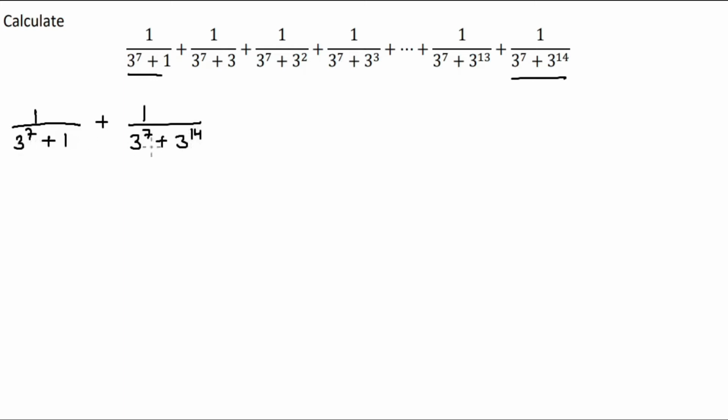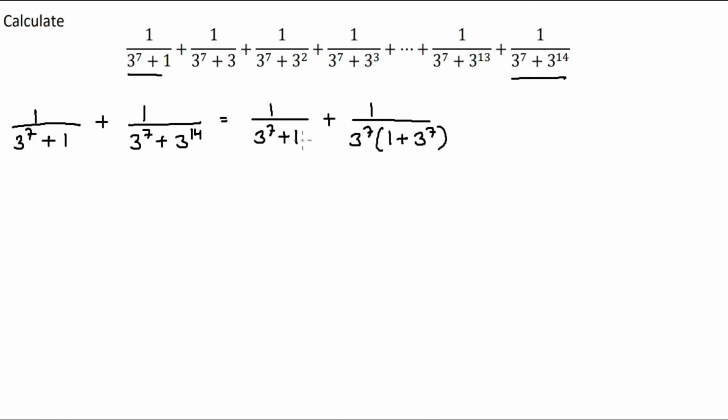If we take 3 to the power of 7 common from the second part, leaving the first part the same, it becomes 3 to the power of 7 times (1 plus 3 to the power of 7).